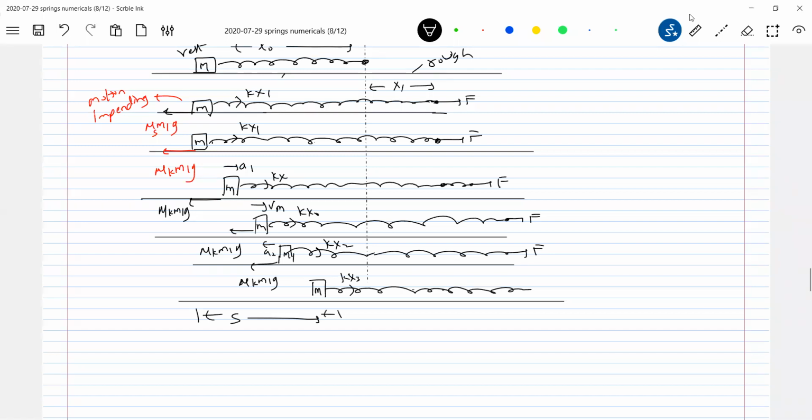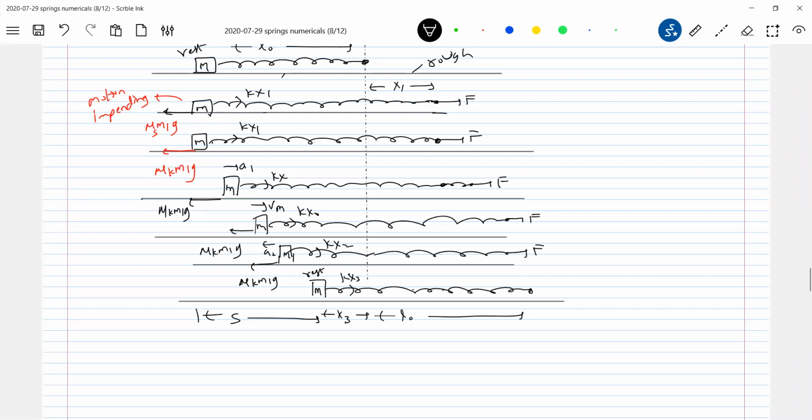This is the elongation x3, and this is L0 for our convenience. And what is the state of the block? Again it has come to rest. Why? Because it undergoes retardation, the spring force becomes less than the frictional force, and for a moment let it come to rest here.